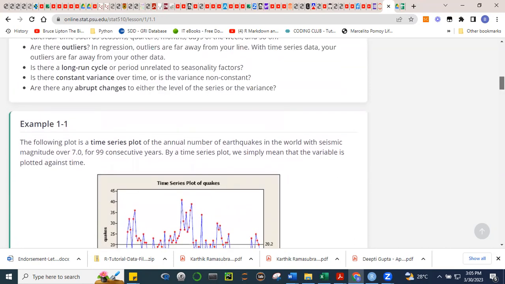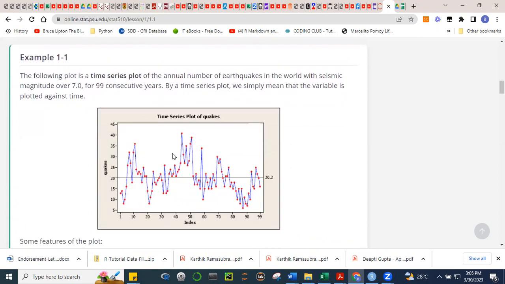Also for abrupt changes, maybe this can be considered an abrupt change. From this year, there were approximately 35 earthquakes with magnitude 7 or more, and then the following year, there were less than 10.